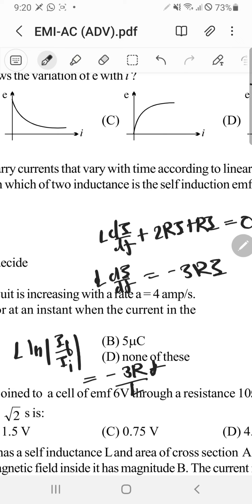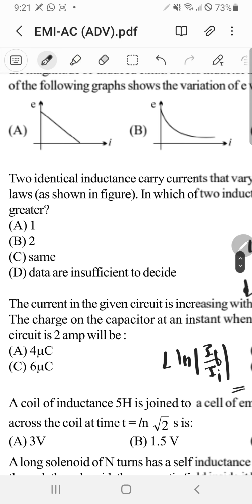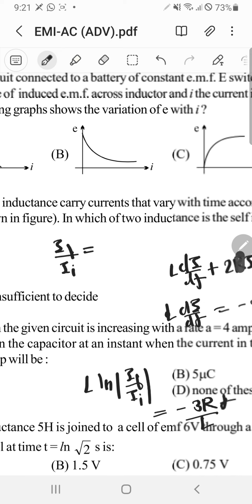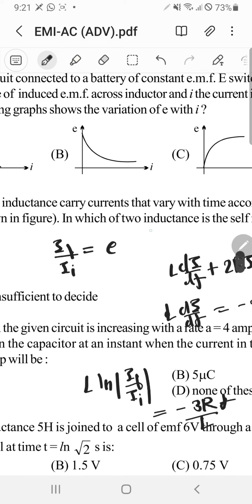Or did I mess up something? No, that looks right. So you just got I final upon I initial equal to e power negative 3RT by L.